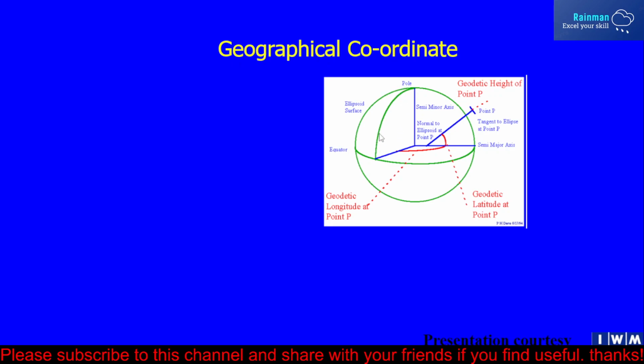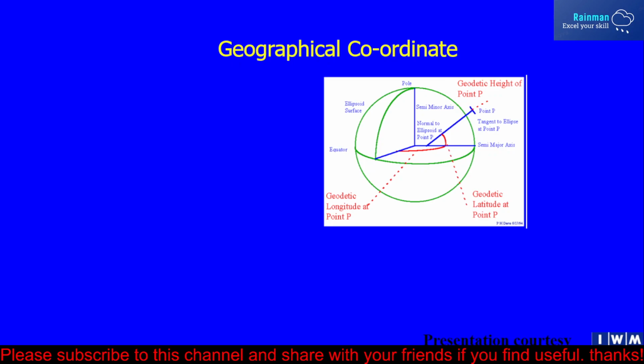As our globe is a 3D object, if we subdivided the whole globe like this circle, it will be a total of 360 degrees. Our longitude varies from minus 180 degrees to plus 180 degrees.